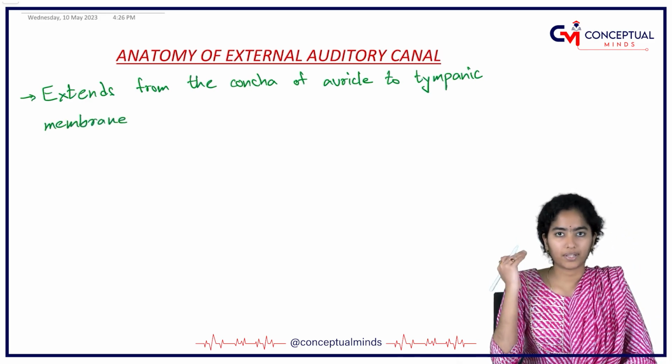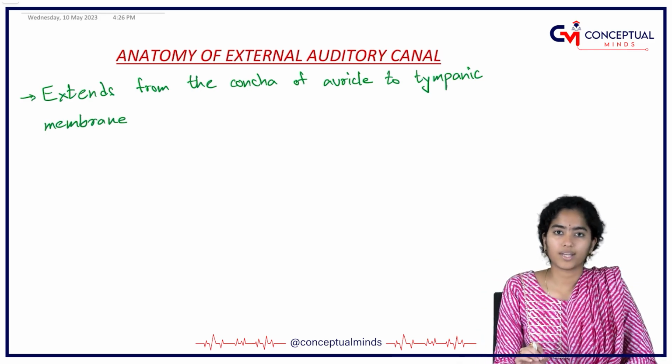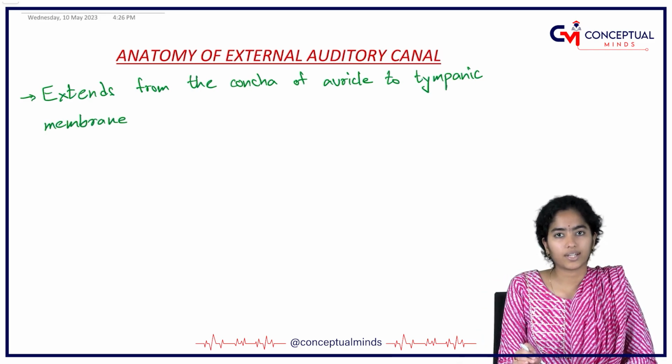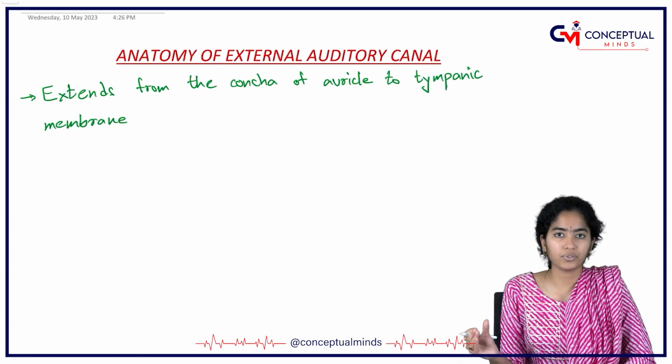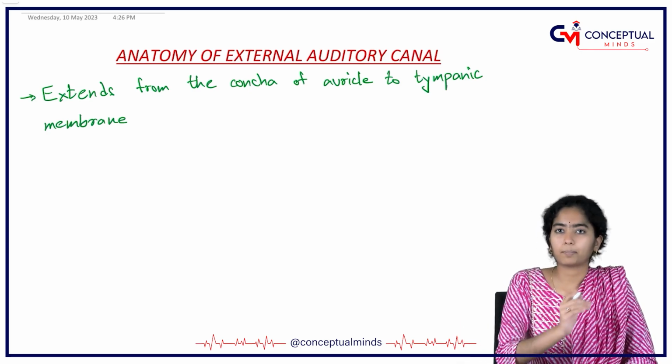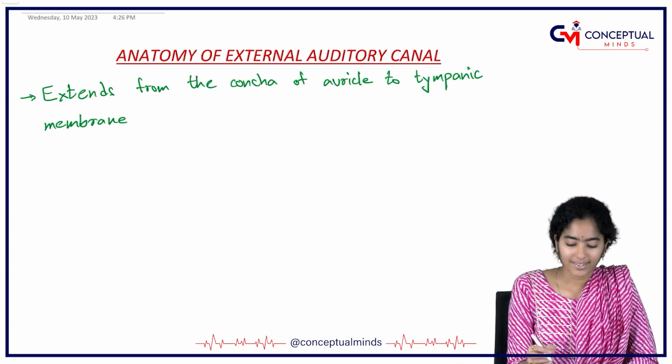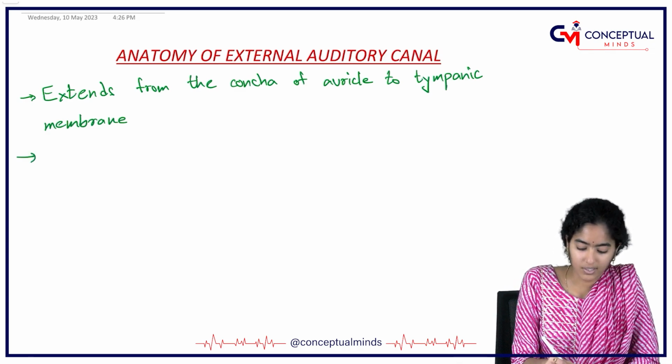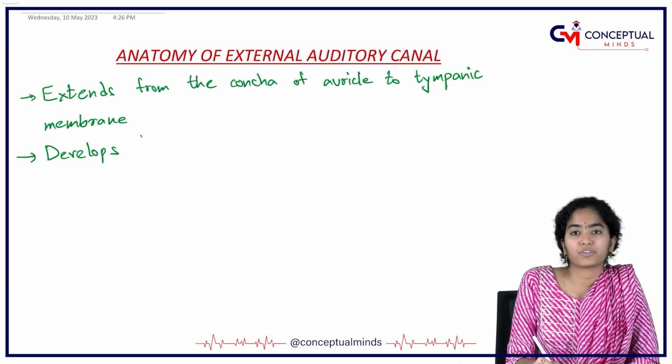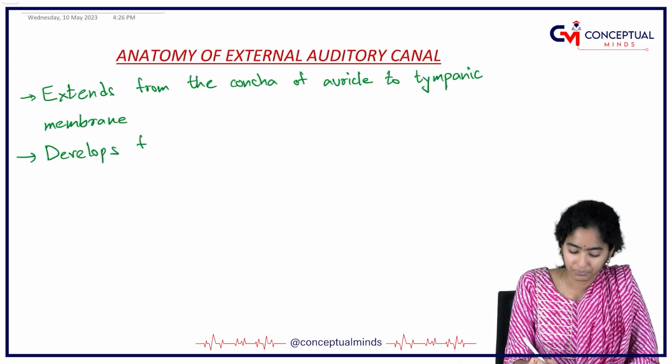Concha is a part of the pinna which opens into the external auditory canal. So, the external auditory canal extends from the concha of the pinna or auricle till the tympanic membrane. And this external acoustic meatus develops from the first branchial cleft.